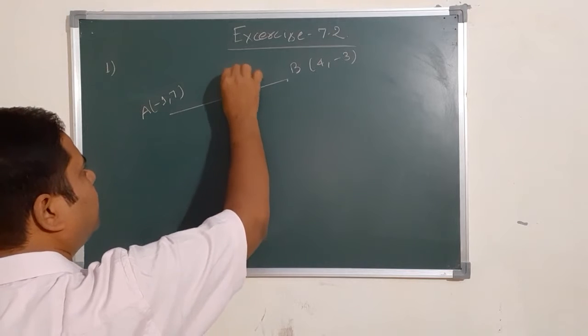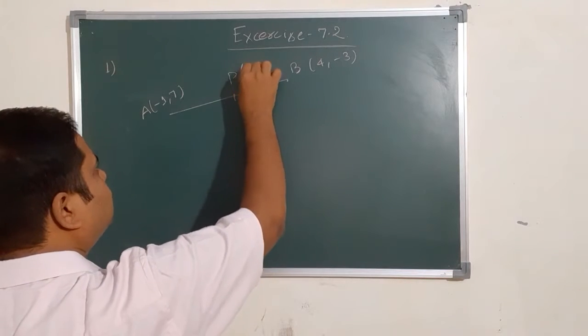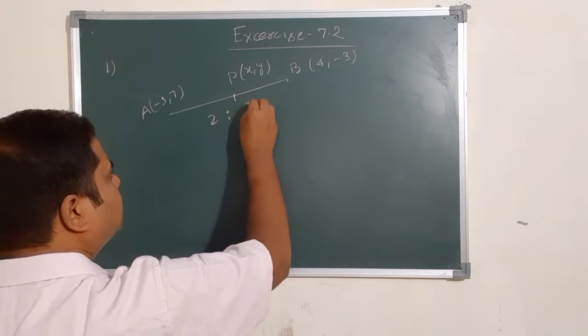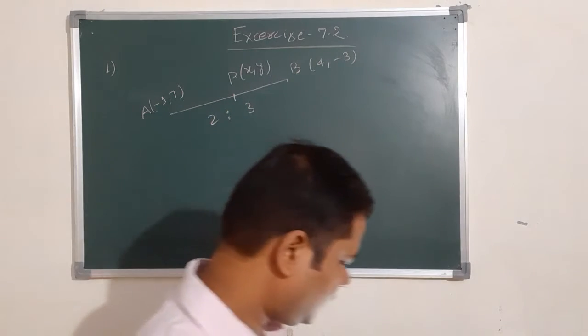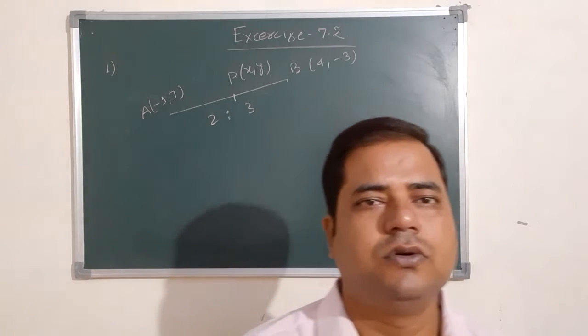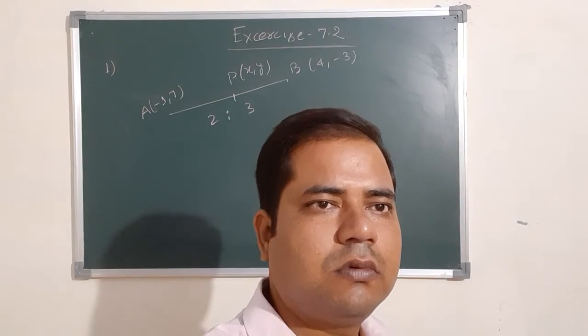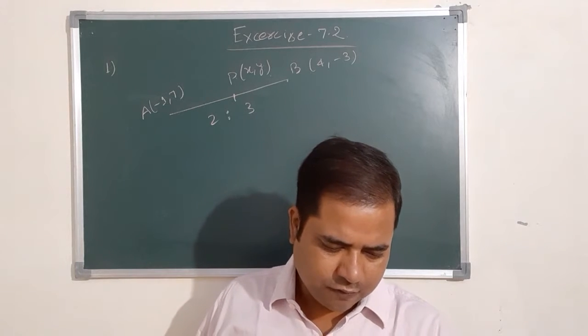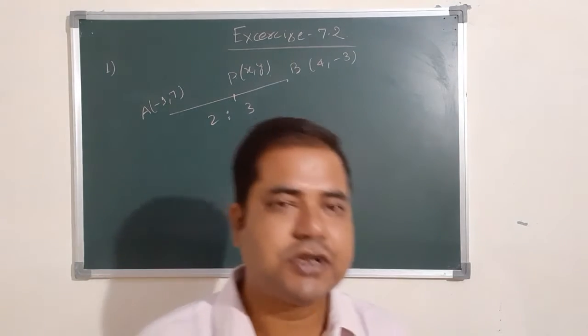Suppose this is the point P, supposed to be (x, y), and this is 2:3. So we start this question.